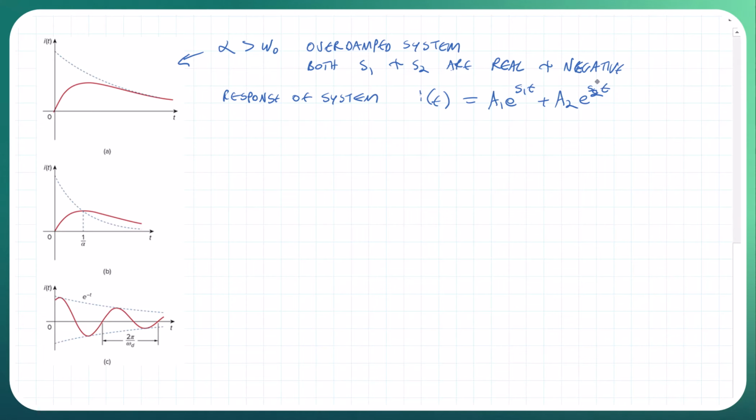So this is the case where you have overdamped. So let's go ahead and highlight this guy. Okay, so when alpha is greater than omega naught, this implies that C is greater than 4L over R squared.